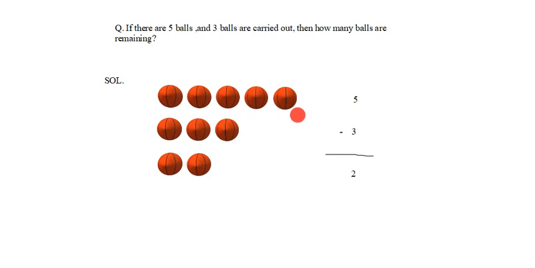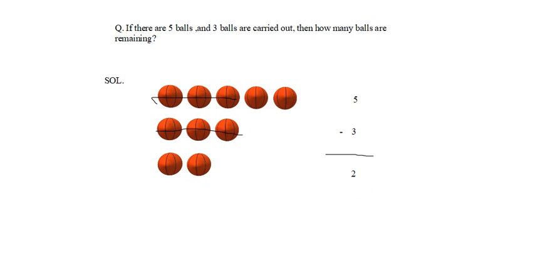We have 5 balls and 3 balls are removed. 1, 2, 3. These 3 balls are removed. So how many have we left? 1, 2. We have only 2. So 5 minus 3 equals 2. We have 2 balls.